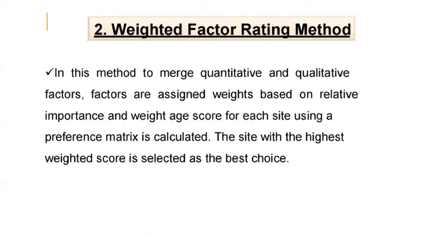As per your preferences, both the quantitative and qualitative factors are considered, and certain weights are assigned to them. As per the weighted score, the site with the highest weighted score will be selected as the best choice. In each such technique, when the highest score is there, it will be considered the best choice.